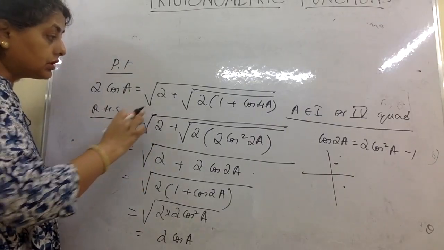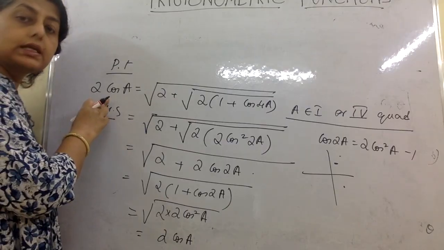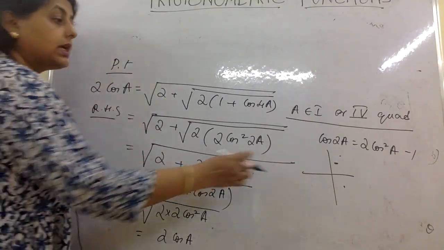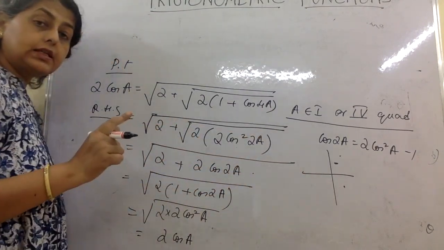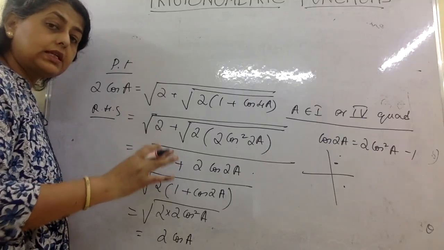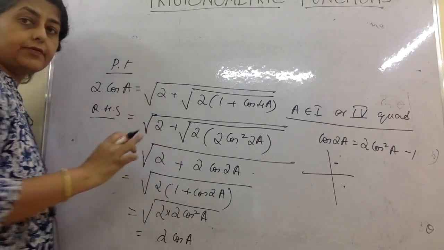Therefore, this part can be equal to this. If A was lying here and here, in that case, we have to take the minus sign also. But here in this case, only plus sign is enough.